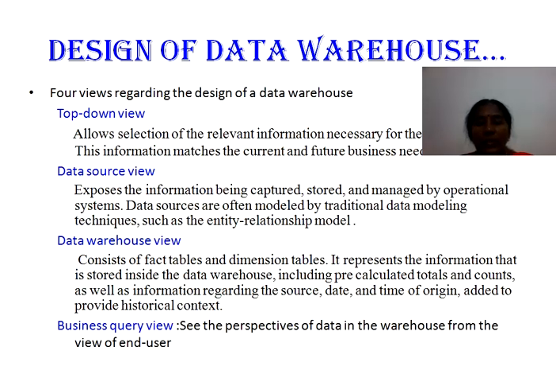All of these models consist of a fact table and one or more dimension tables. They represent the information stored inside the data warehouse. The fact table includes some pre-calculated totals and counts as well as information regarding multiple dimension tables, such as sources, date, time, and origins, that are added to the historical context.